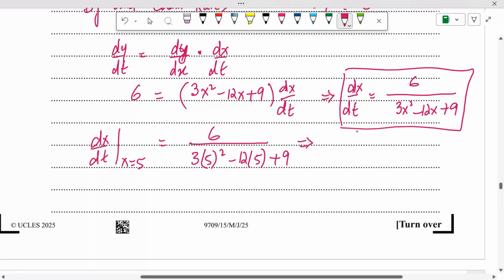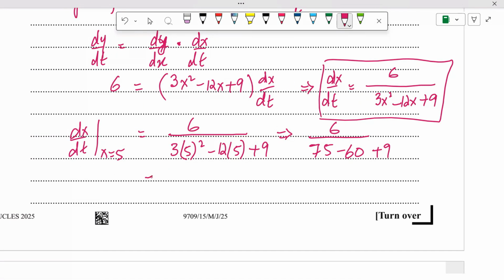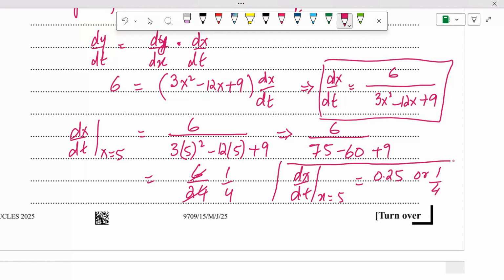Solving this, we will have 6 over 75 minus 60 plus 9. So solving further, we will have 6 over 24, and this is equal to 1 over 4. We can say that the rate of change of x with respect to time at x is equal to 5 is 0.25 or 1 over 4. This was required.